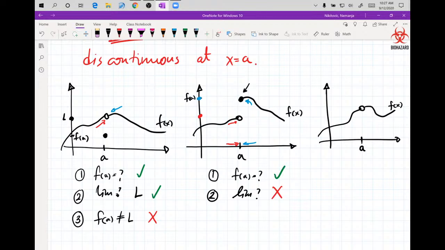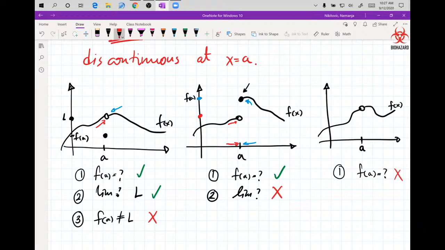And how about the last picture? There's no f of a. Beautiful. No f of a. So since there is no f of a, the continuity fails with the first rule.